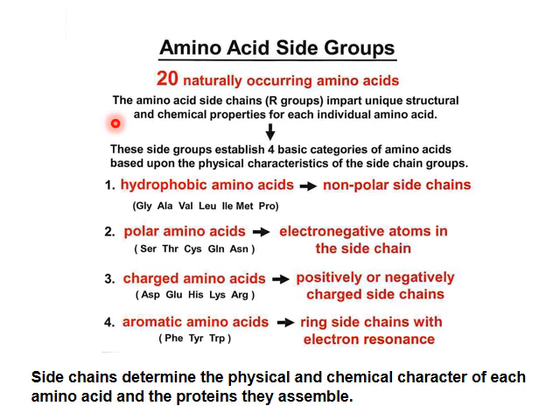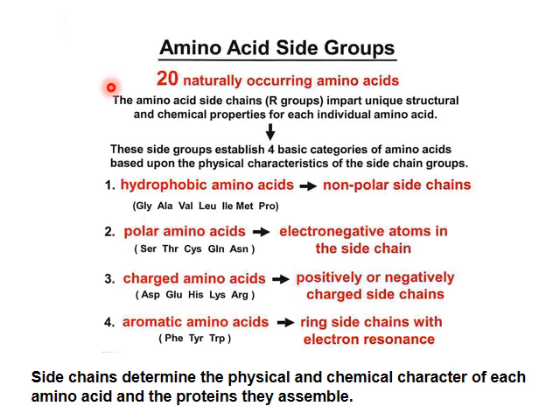So the amino acid side chains, and we're going to go into the chemical details of these structures, can be grouped, I should say, based on the overall chemical properties of the side chain. And so we talked about looking at molecules and whether they're hydrophobic, having a lot of carbon-hydrogen bonds. If they're hydrophilic, having a lot of polar bonds between carbons and heteroatoms like nitrogen and oxygen.